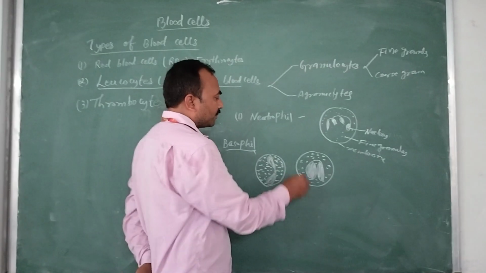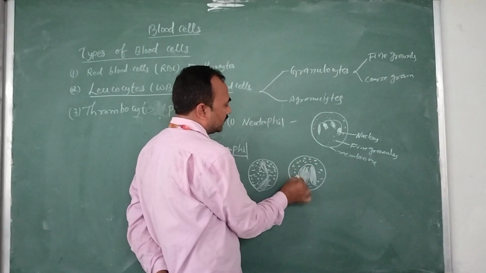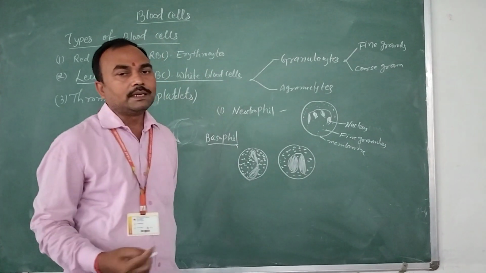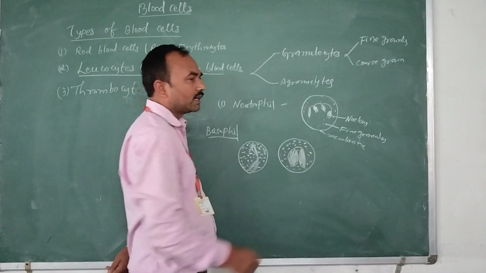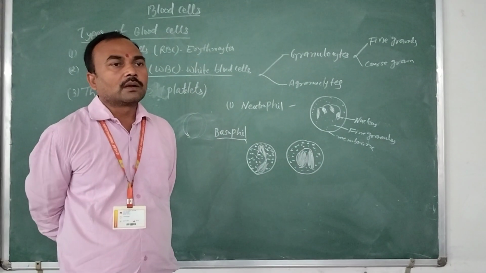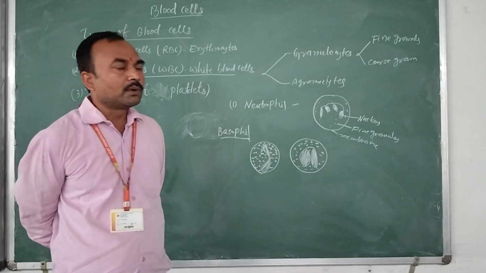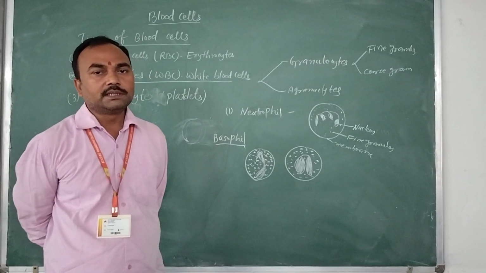So in all kinds of allergic reactions, the eosinophil number mostly increases. Eosinophilia is mostly seen in parasitic infections, common colds, and bronchial asthma.